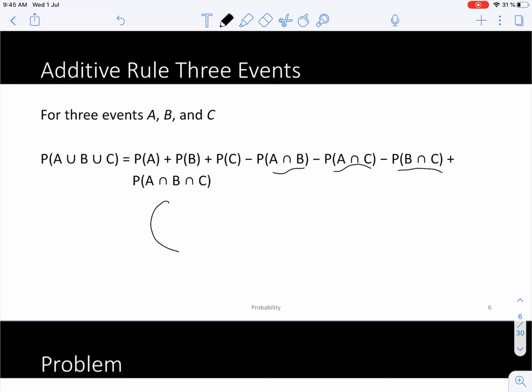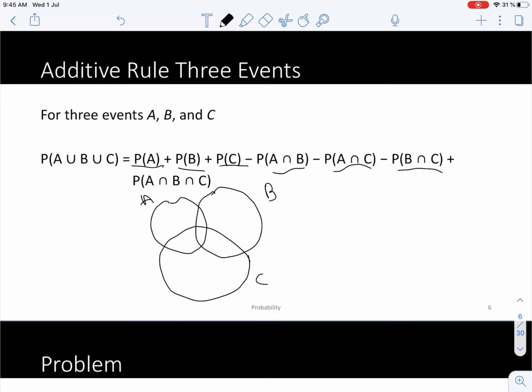So let's say that we have A, we have B, and then we have C. When we add the probabilities of A, B, and C, we're adding each region once. Be careful with intersections.